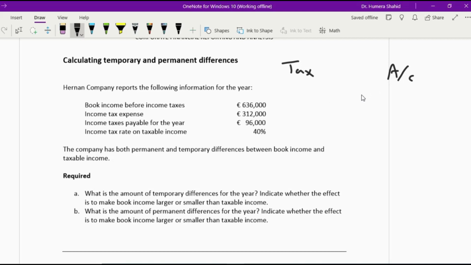Those differences which give rise to revenue or expenses in accounting books in one accounting period and affect the tax books in another accounting period are known as temporary differences.